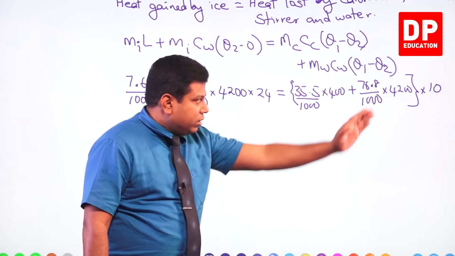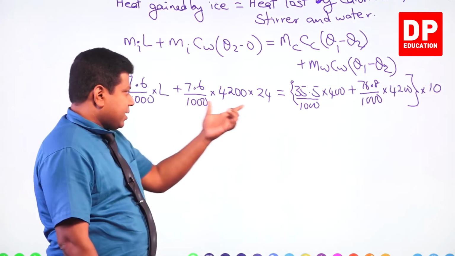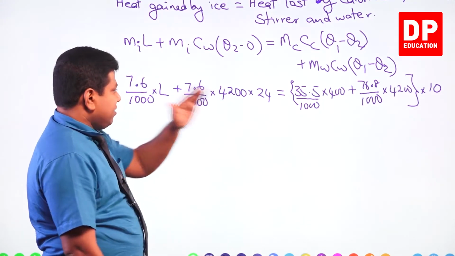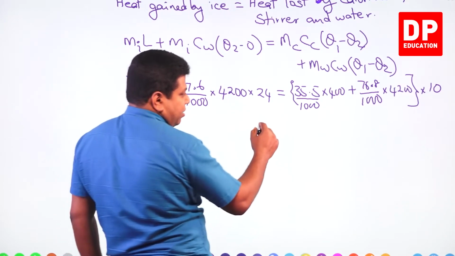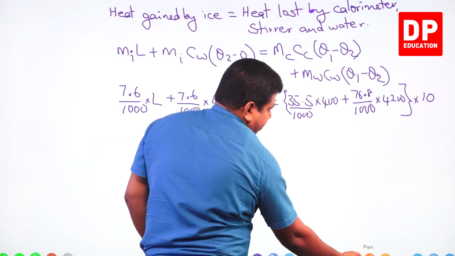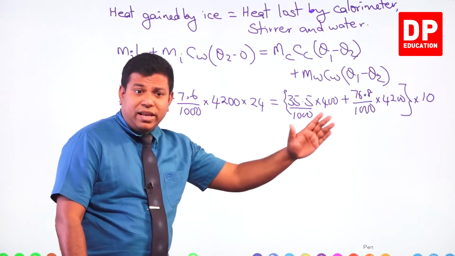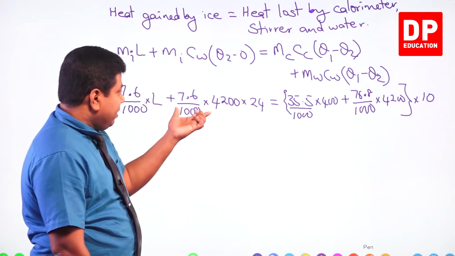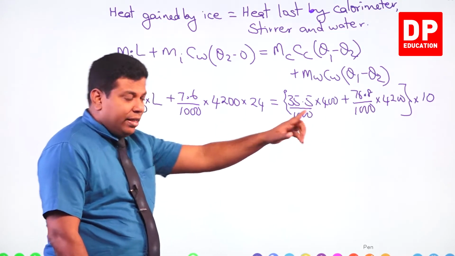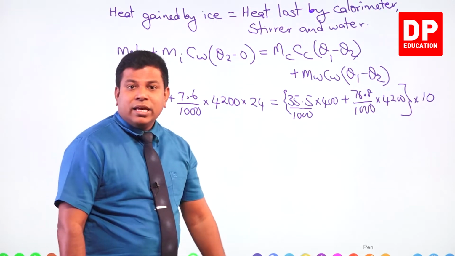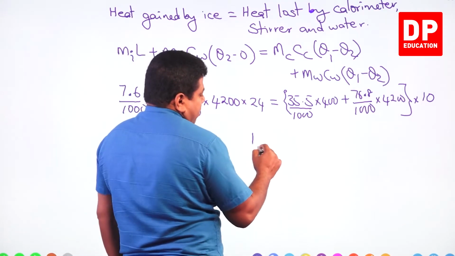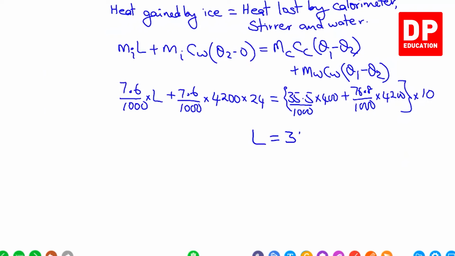You multiply all this and then subtract this part, divide by 7.6. The answer for L you are getting, you have to solve it carefully. You multiply all these and then multiply this also and subtract it there. Finally divide by 7.6. Solve it carefully and you get 342,305 joule per kilogram.